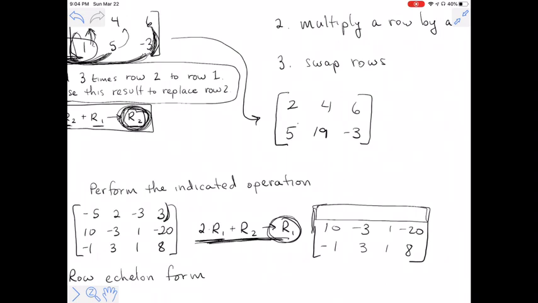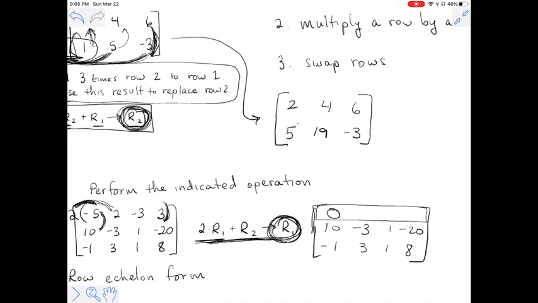So according to the first part of this, I'm going to take the entries of row 1, multiply them by 2, and then that's going to add to all of these entries in row 2. So right here, 2 times negative 5 is negative 10, and then you add negative 10 to 10, that makes 0, and then it goes in row 1. So 0.